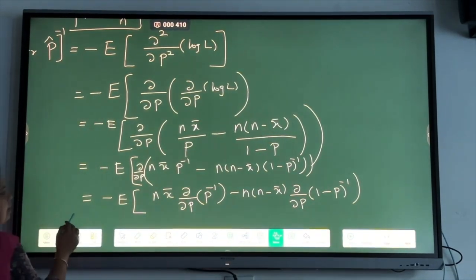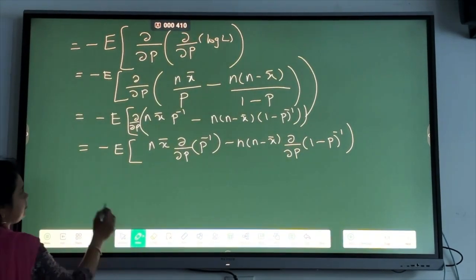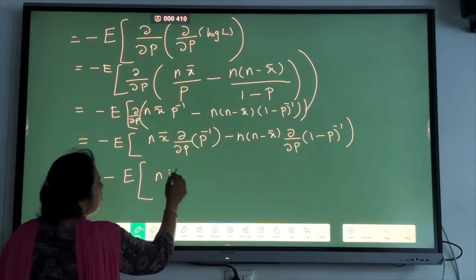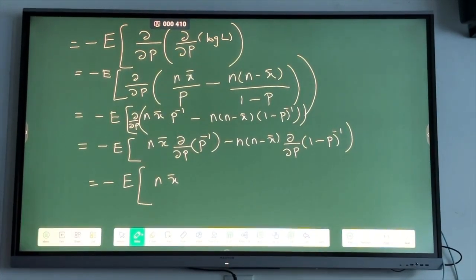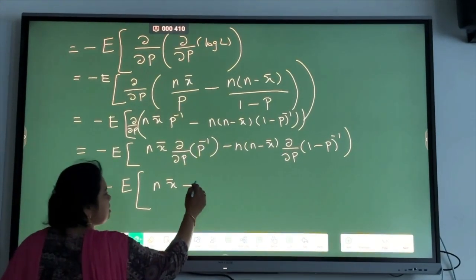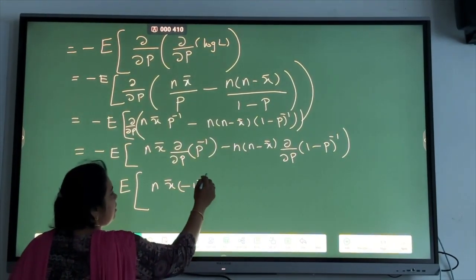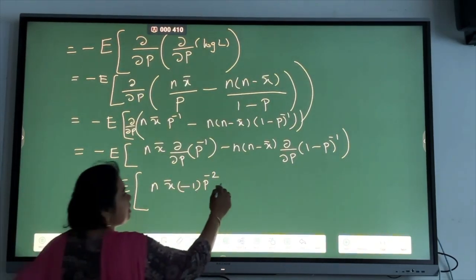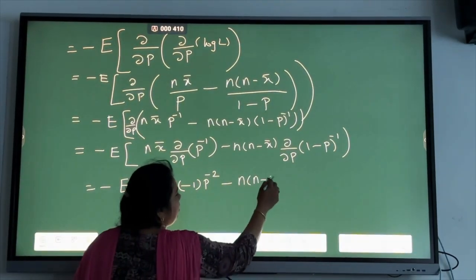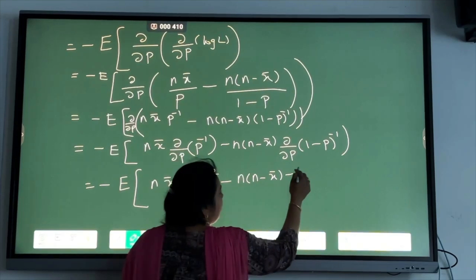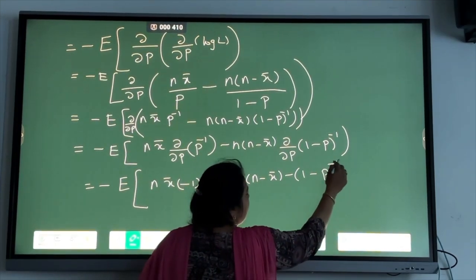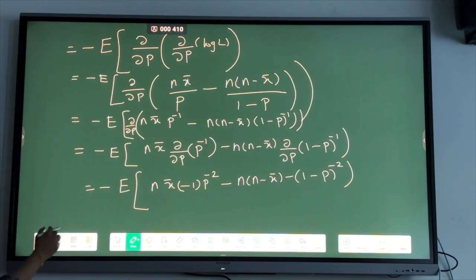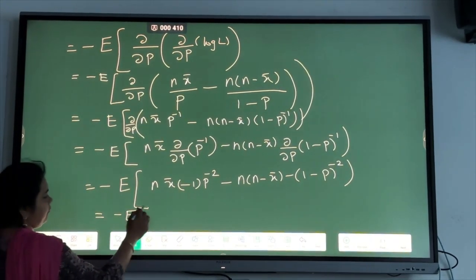So what will you get now? Which is minus e n x bar, p to the power minus 1 differentiation is minus 1 p to the power minus 2. What is this differentiation? N into n minus x bar, minus 1 minus p to the power minus 2. So we will write down neatly with respect to the formula.